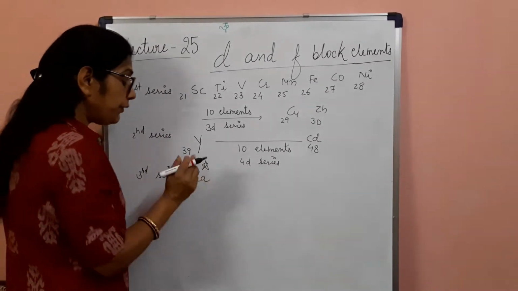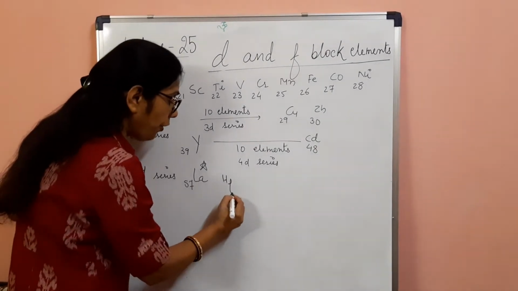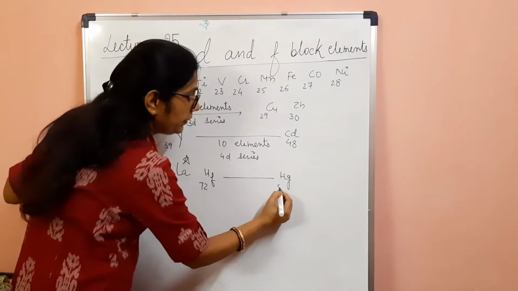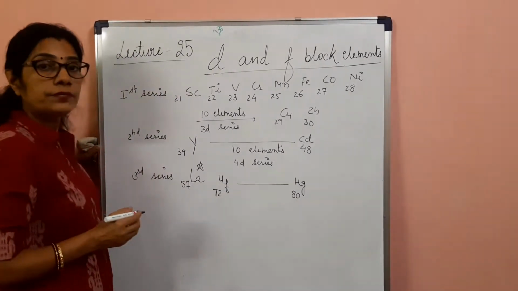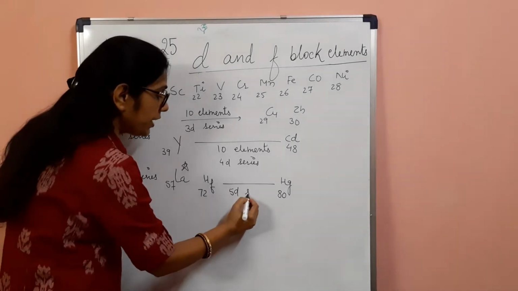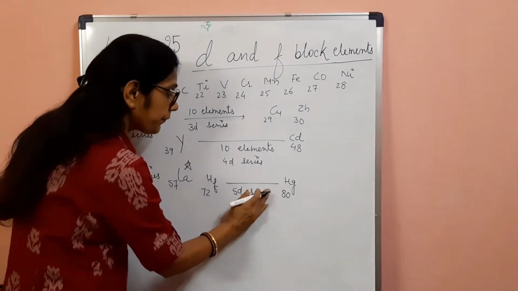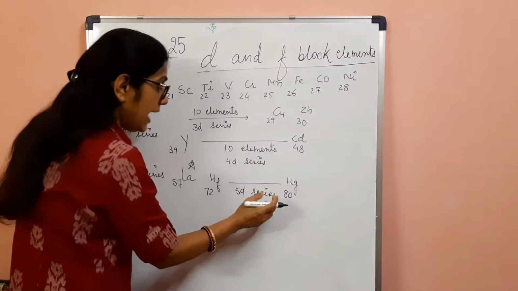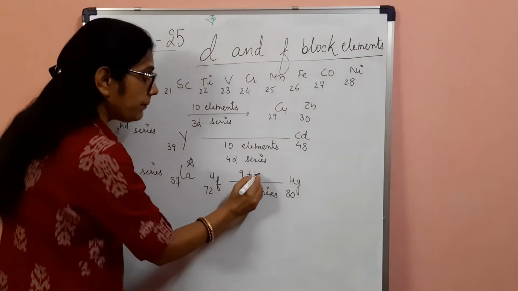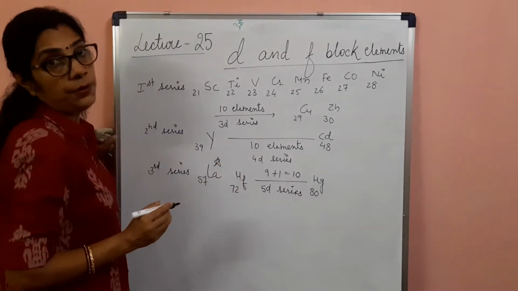So lanthanum 57 and then hafnium 72 to mercury 80. And this series is known as 5D transition series. Here 72 to 80 plus 1 lanthanum, so here also 10 elements.